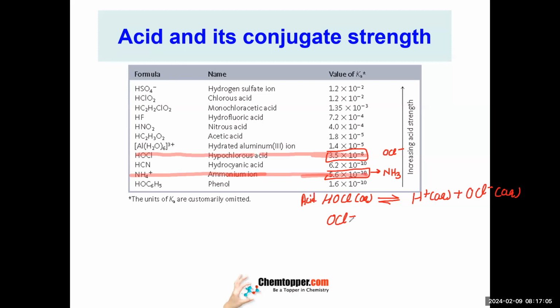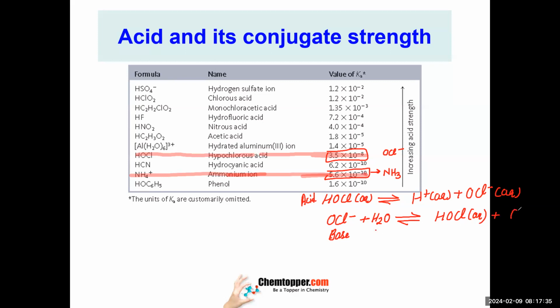Now this OCl minus is the base here. It's not an acid, it's a base. How to write down the equation? You are going to put this into water and it is going to accept H plus from water and it will become HOCl. This is how we are going to write down the equations for the conjugates with water. And what happens to water?